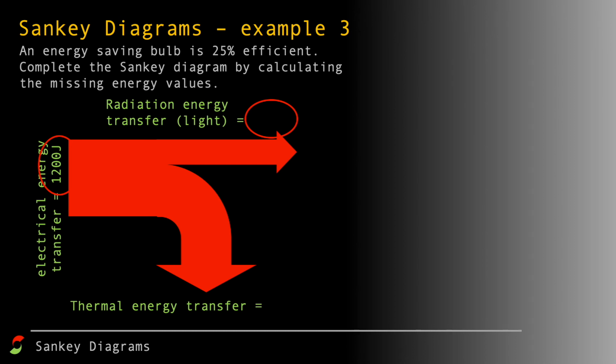So that's going to be 25% of 1200, which is 300 joules. That means that we've got 900 joules that is wasted.